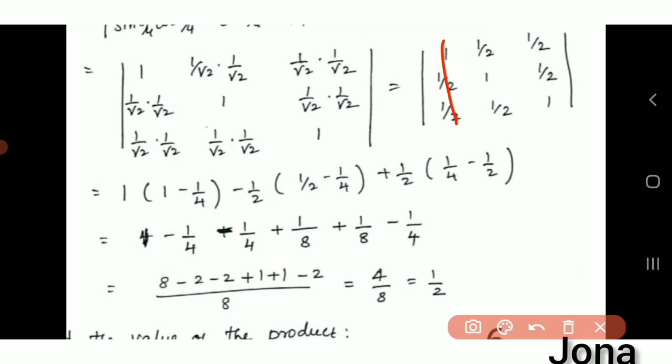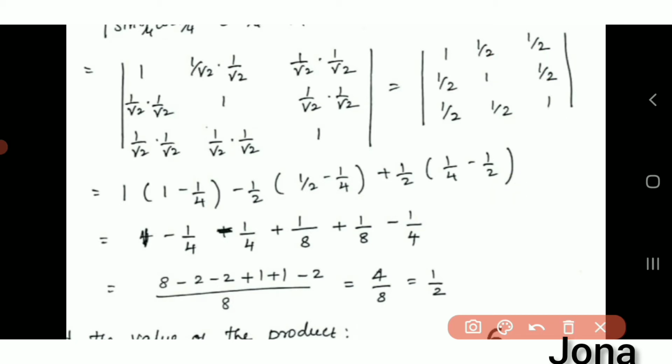So 1 into 1 minus half into half is 1 by 4. And then minus half into half minus 1 by 4. And then plus half into 1 by 2 into 1 by 2 is 1 by 4, minus this half there. So what we got now?